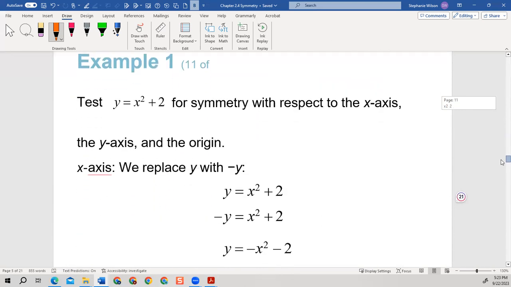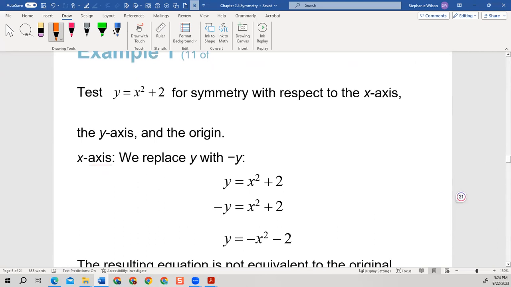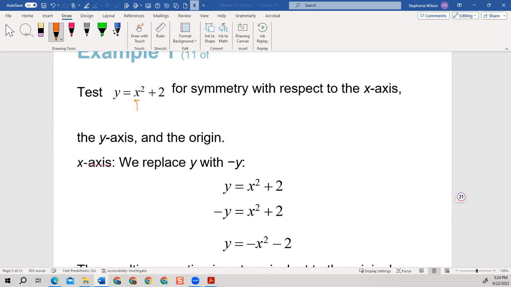Okay, so example 1 said, let's solve this. We got y equals x squared plus 2, for the symmetry with respect to x, which makes sense. The x has the squaring on it, so we do have a parabola going on. If we solve this, let's look for its negative value.